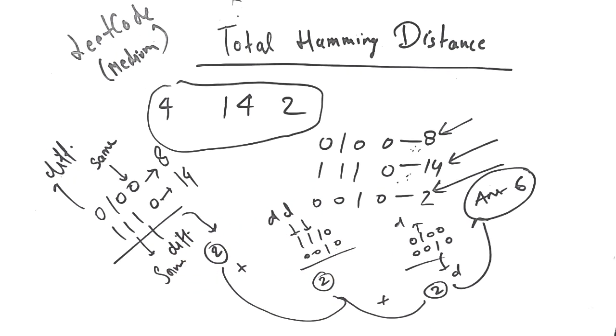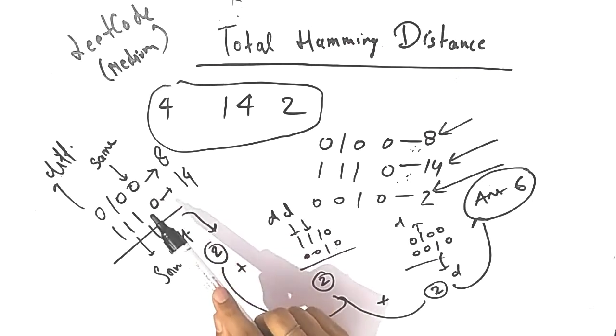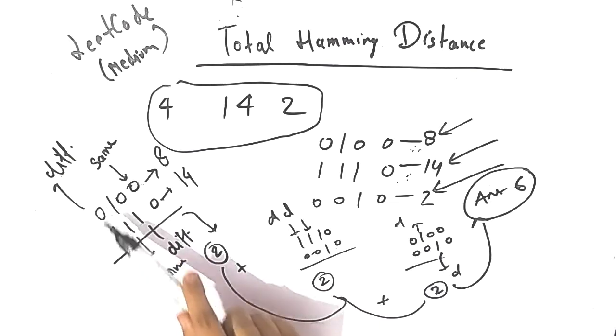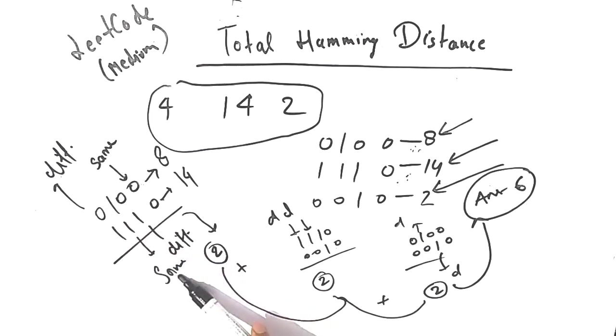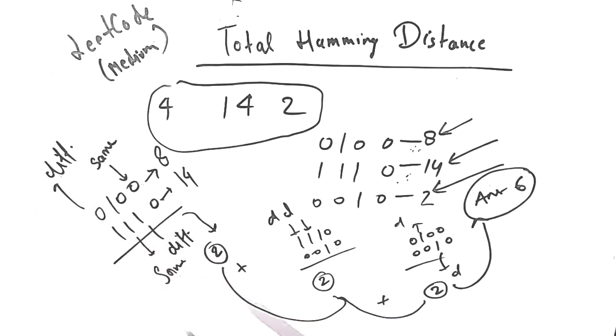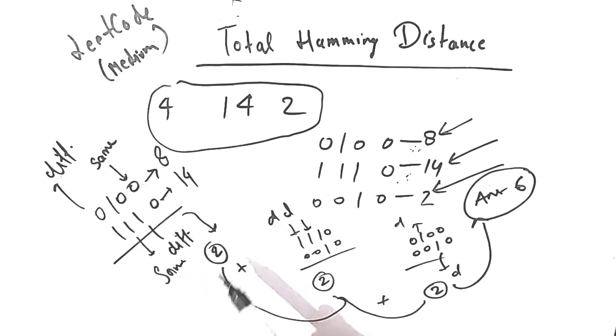The position where the bits are different in the two numbers. Let's say in 4 and 14 the bits are same, so there is no Hamming distance between them. The bits are different, so the Hamming distance is 1. Now bits are same, no Hamming distance. Bits are different, 1 Hamming distance. So total Hamming distance between this pair is 2.